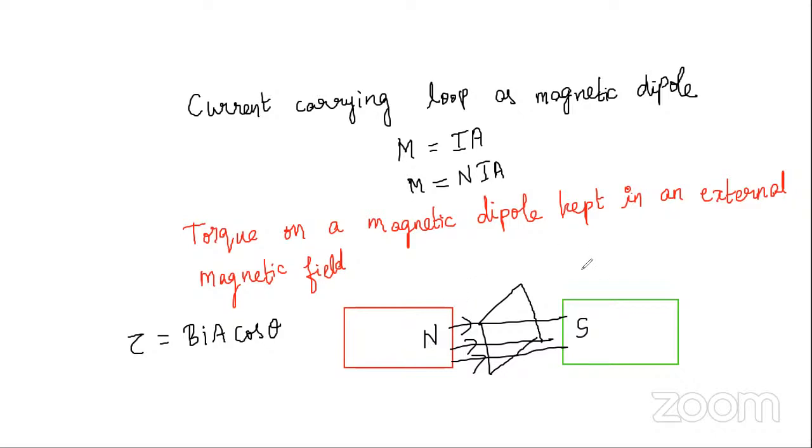This north pole and south pole will contribute to a magnetic field B, I is the current flowing through the loop, A is the area of the loop, and theta is the angle between the loop and the external magnetic field. This concept is similar to torque on an electric dipole kept in an external electric field. Same concept we are applying here.